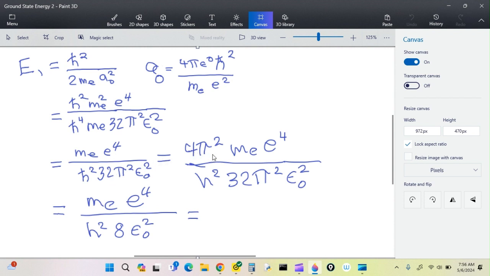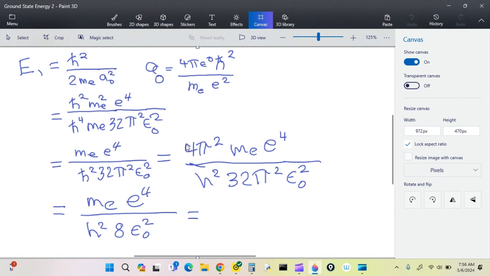4 pi squared, where did that come from? Well, h bar squared is h over 2 pi squared. So I've got a 2 pi squared down here, and that goes up into the numerator, 4 pi squared. And let's see, what else happens? I notice I took off the h bar here because I took the 2 pi. 32 pi squared epsilon sub 0.